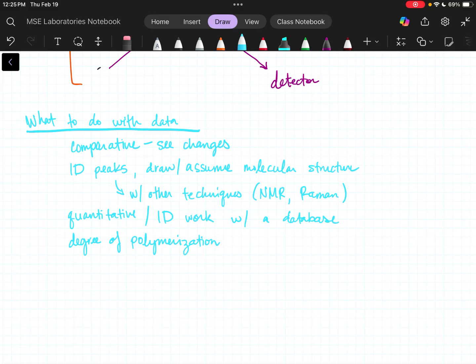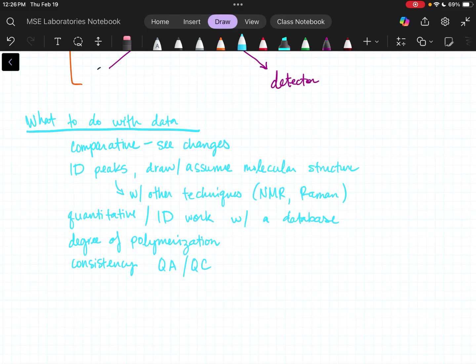When we're talking polymers, you can do a degree of polymerization. You can look at consistency between batches, QA, QC kind of thing, quality assurance.